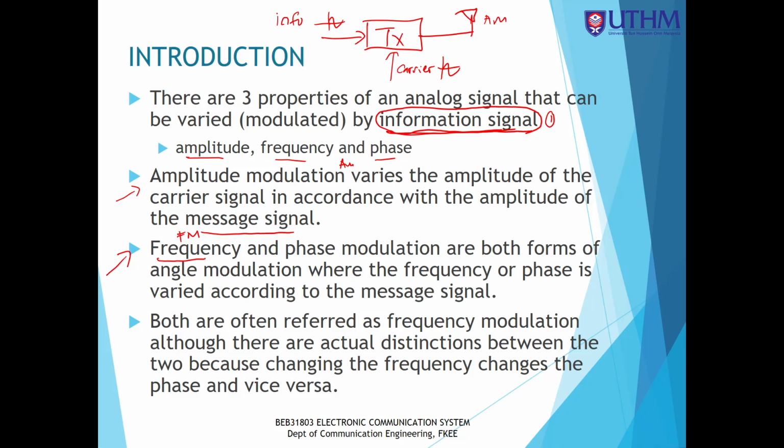So if the frequency of the carrier changes during this process, we call it FM. So you will produce an FM signal. And then phase modulation is the process of changing the phase of the carrier in accordance with the amplitude variation of the input message. So if this process changes the phase of the carrier, we call it PM.